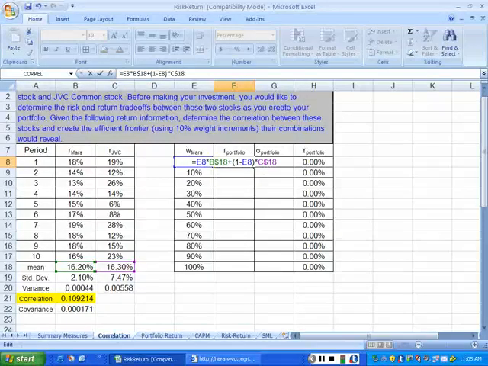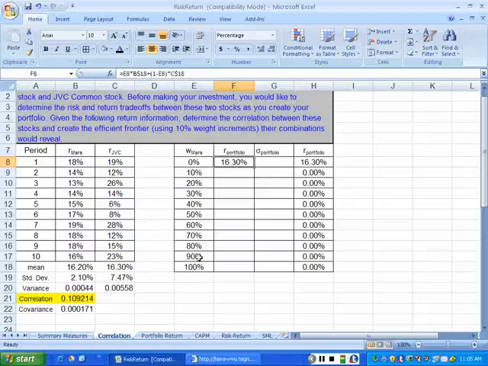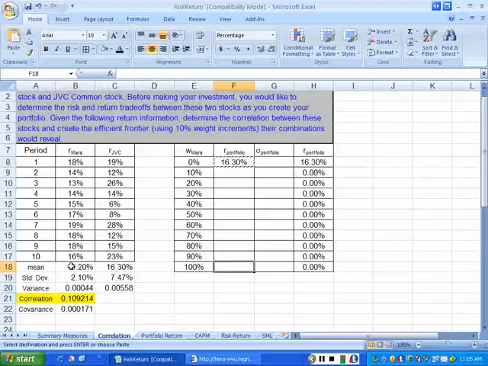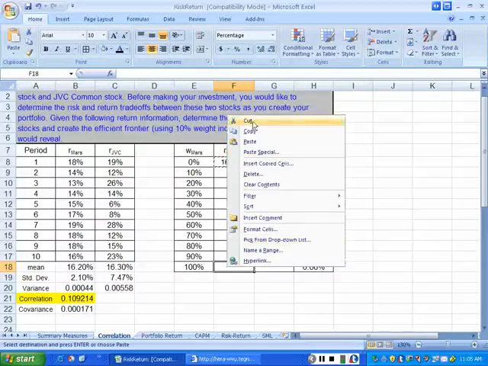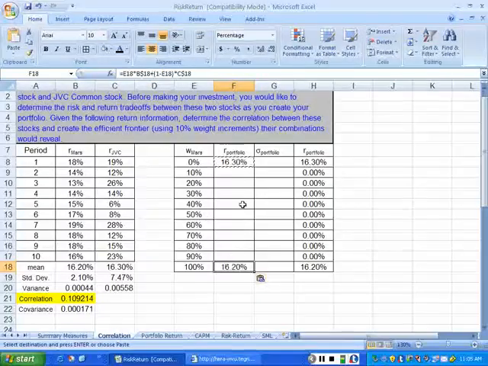So I'll put that $ sign there, and you can see with a 0% weight on Mars, we expect the 16.3% to result, and it does. Likewise, if we had 100%, so we just copy this, if I paste it down here where it's 100% Mars, I expect to see this 16.2%. And indeed, I do. Now, in between, what you're going to find is, as your portfolio has a higher percentage weight in Mars, it begins to approach more of the effect of Mars.